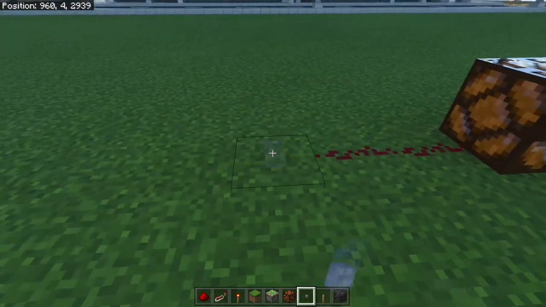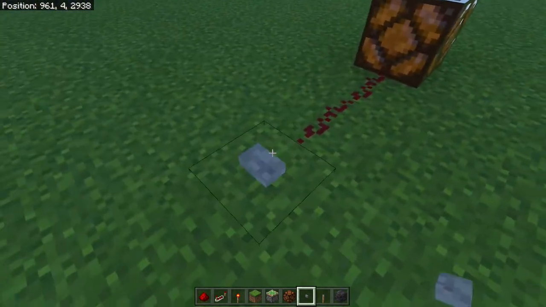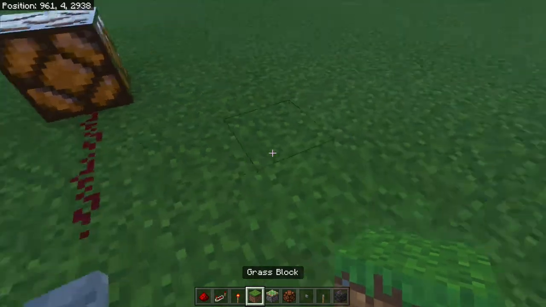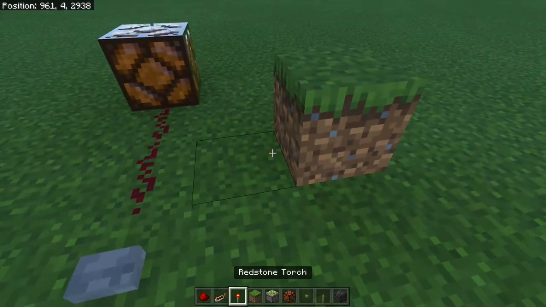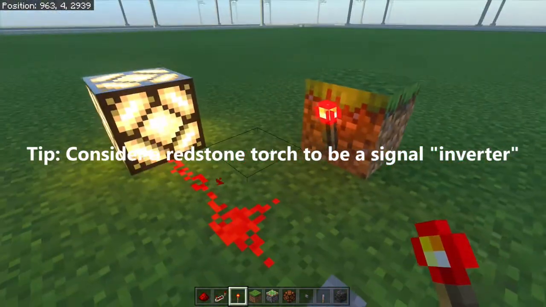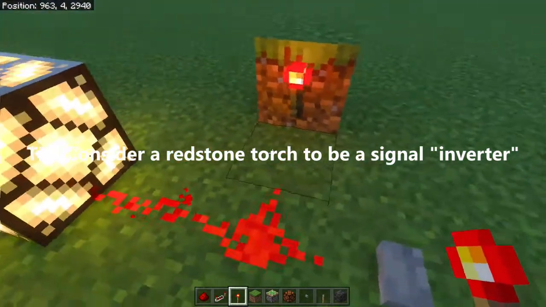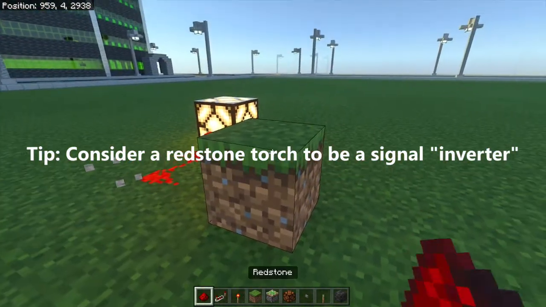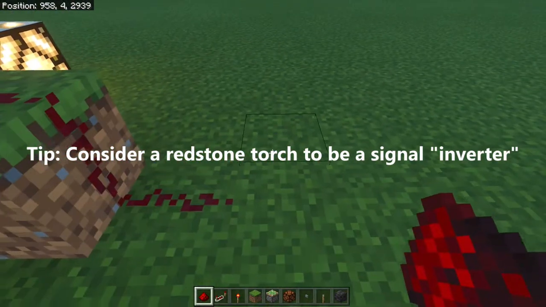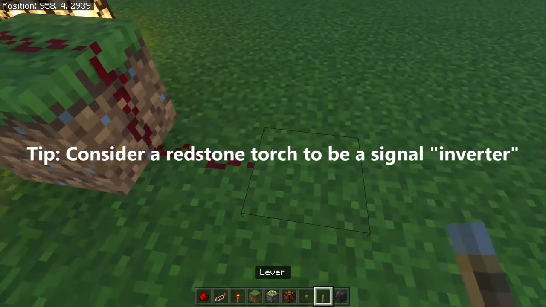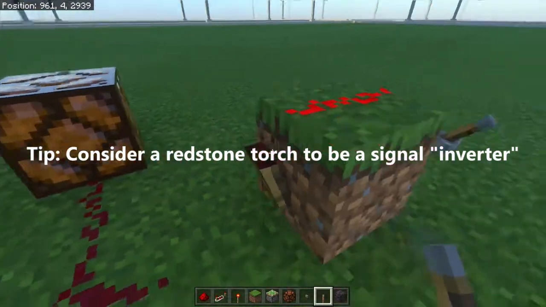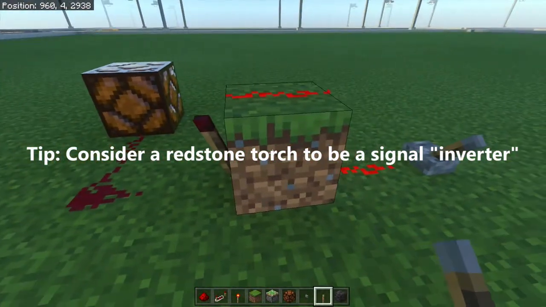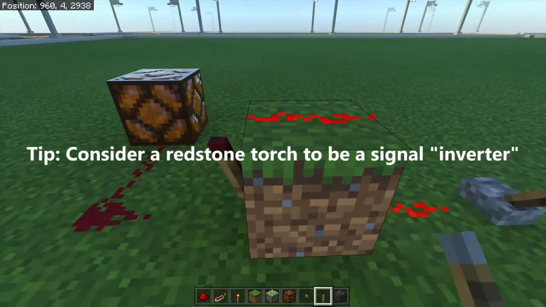And then there's a couple of other things. So some people might consider a redstone torch to be a power source. It's sort of a power source, except if you power the block that it's on, the redstone torch turns off. And so that brings us to the topic of powered blocks.